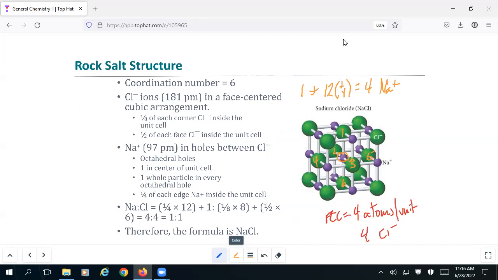So size really does matter in this kind of way. And so what we'll get out of this is, even though we are not getting as high of a coordination number, we are getting a good bit more closeness because of the size thing. And we're getting a more compact structure as well.